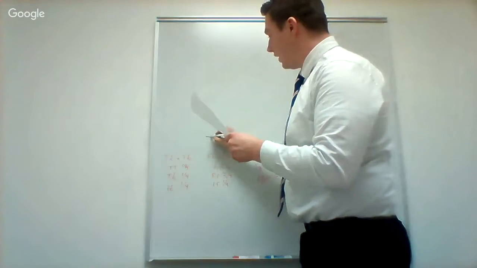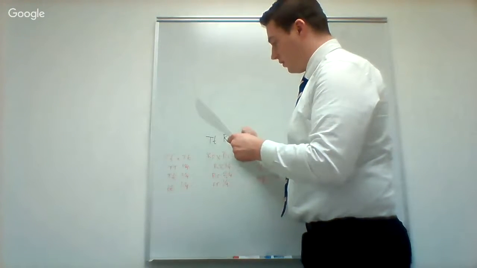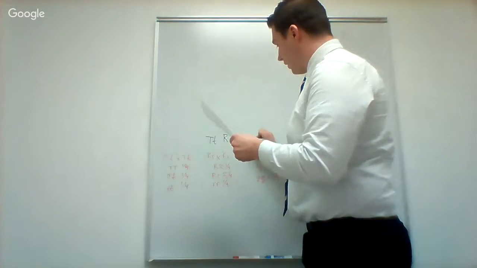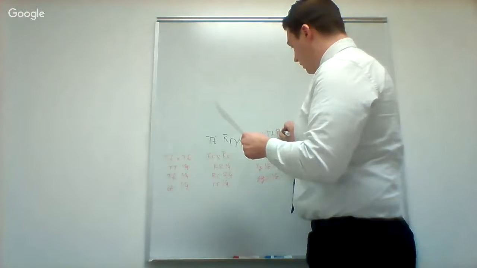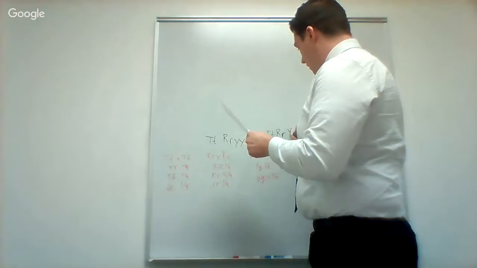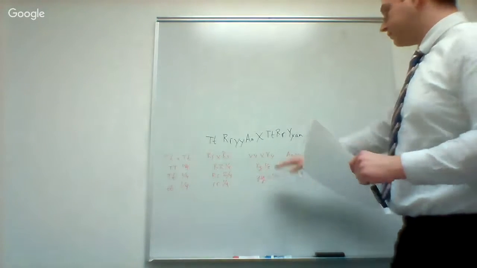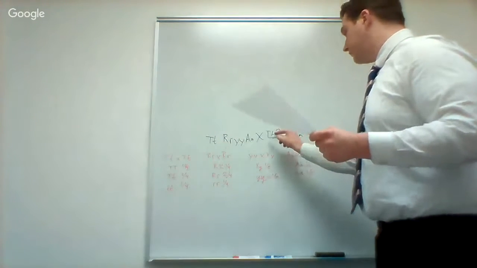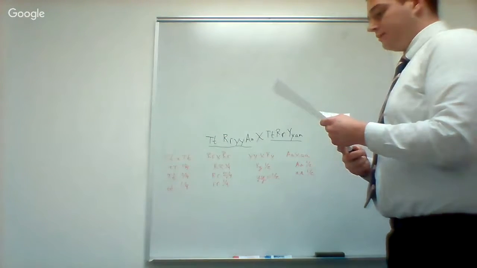The cross is T R Y, and the other is T R Y A. Okay, this is the cross here. One of these is the mother, one of them is the father.